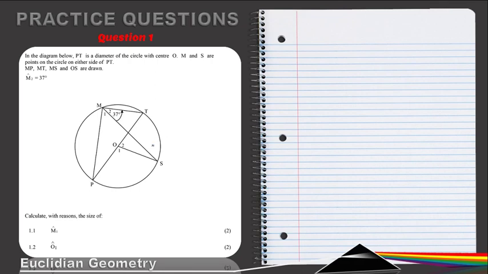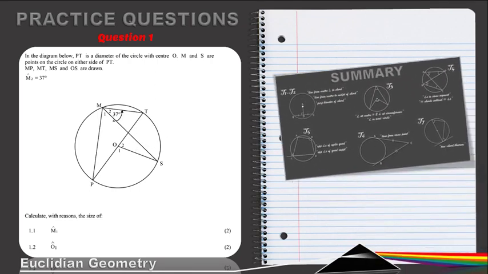Now, if we look at our theorems, we have the following theorem. So what can we recognize? We know that this is the diameter. So immediately if you see a diameter, think of the angle subtended, and this one is then 90 degrees.